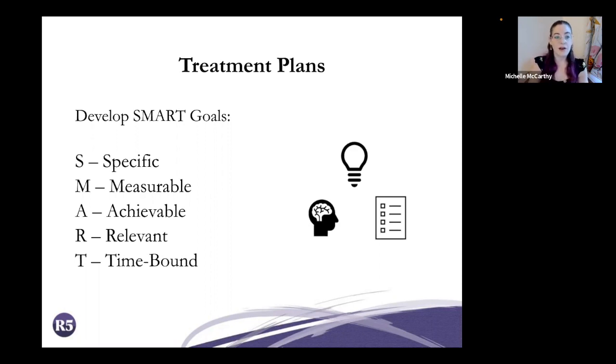If our objectives are specific and measurable, then our interventions can be more specific and measurable as well. So if Susie says, I want to be happier, we have to think about, well, what would get us there?